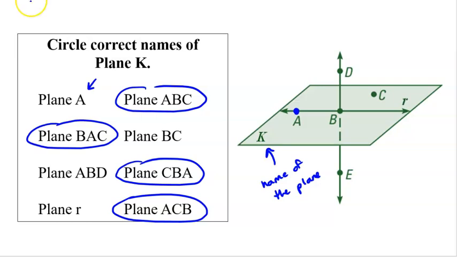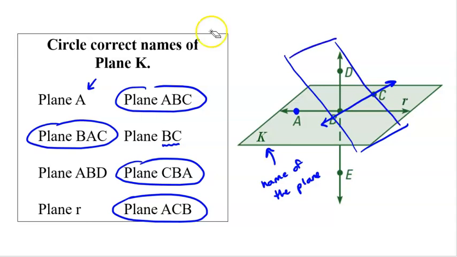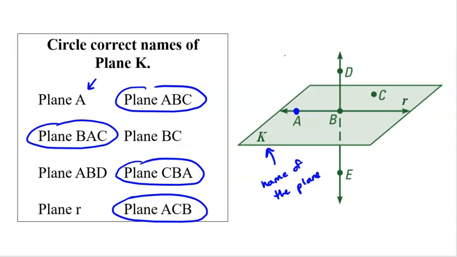The same thing with plane BC. If we are talking about a line going through BC, I could also have a plane kind of going at this angle, right? And hitting BC at different angles as well. So that doesn't work, because there's an infinite number of planes going through BC as well.